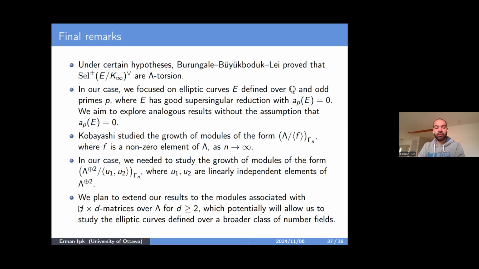We are going to calculate the Kobayashi ranks of such modules, such objects, and that will lead to extending the case where Lei and Lim studied, basically, which allows us to study elliptic curves over a broader class of number fields. So that is all that I have to say.